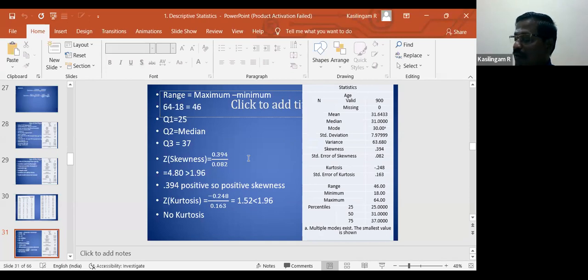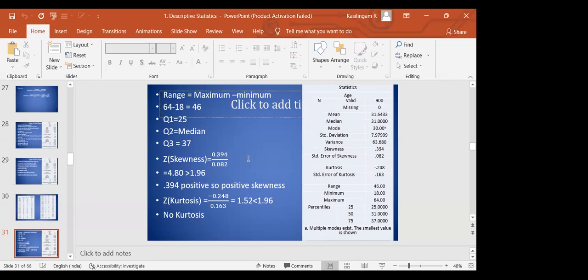0.394. That is the skewness value, not the Z value. We have to look at the skewness value. Is it positive or negative? Positive. How do you say it is positive? There is no minus.